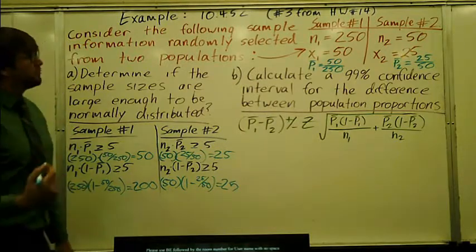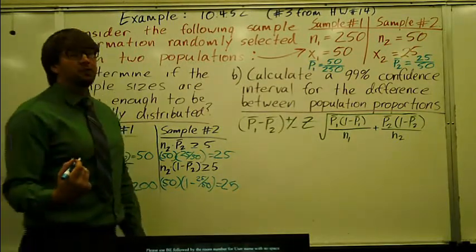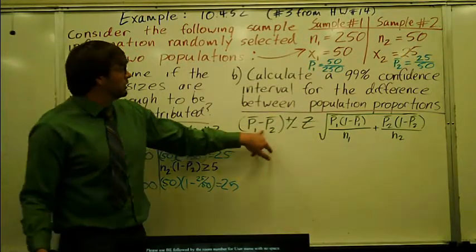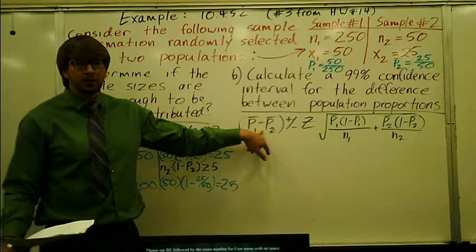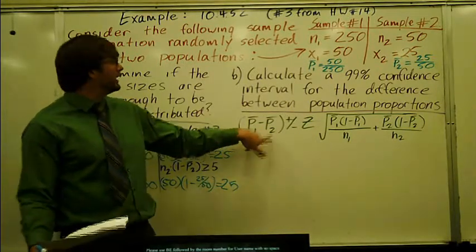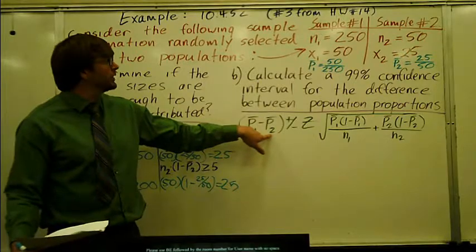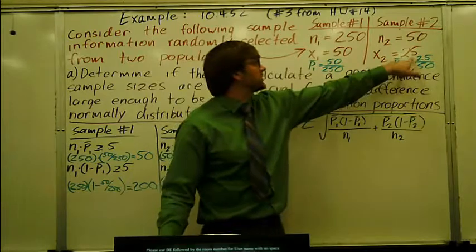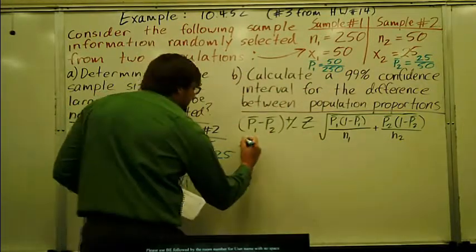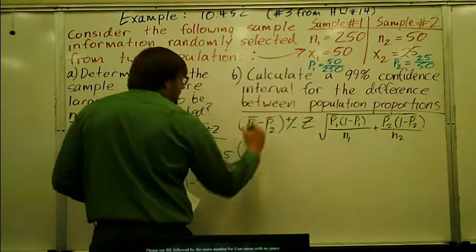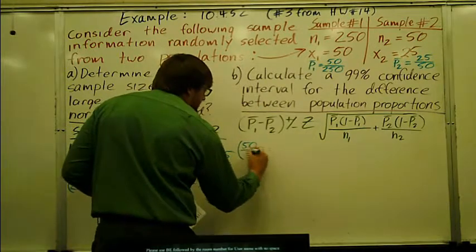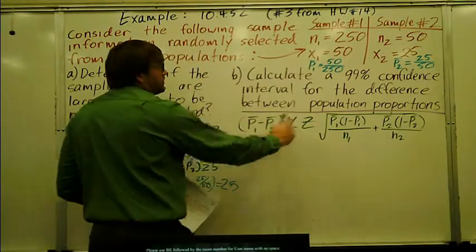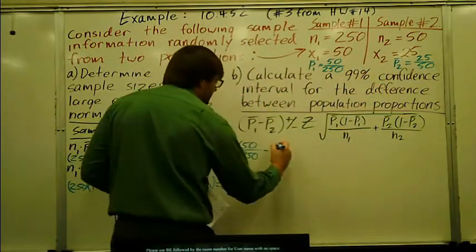Now, the formula to calculate an interval for the difference between population proportions starts with your point estimate of the difference between the proportions, which is just your sample proportion 1 minus your sample proportion 2. In this case, p hat 1, 50 over 250, subtract out p hat 2, 25 over 50.